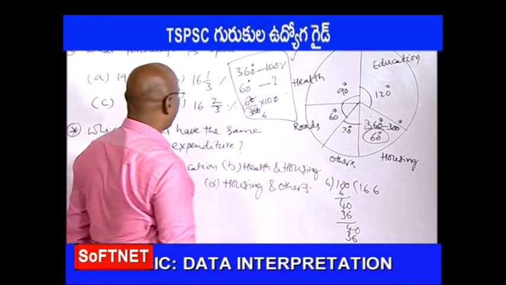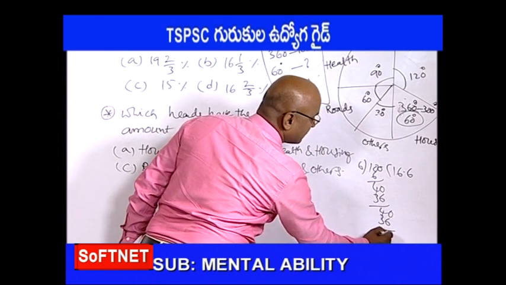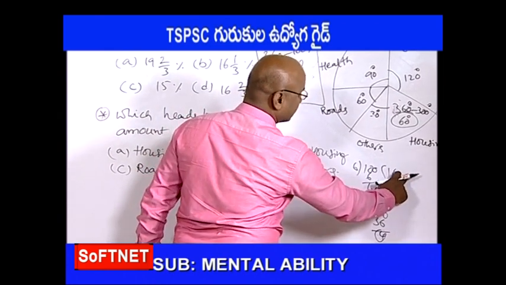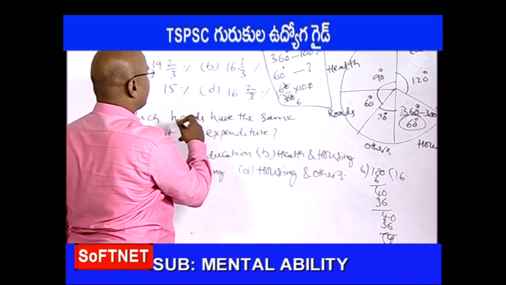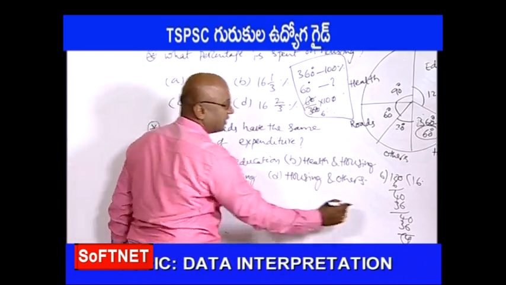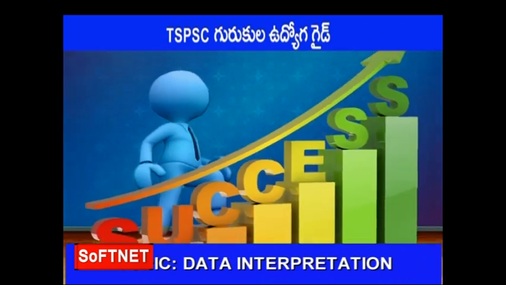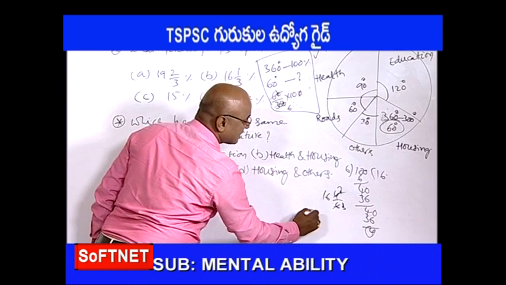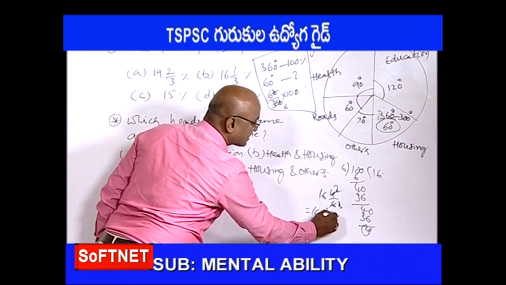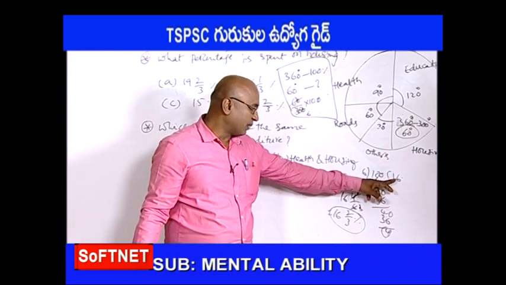So it is 16.6% or remainder 4, that is 16 and 4 by 6%. That is 16 4 by 6, which simplifies to 16 2 by 3%. So 100 by 6 is equal to 16 with remainder 4.